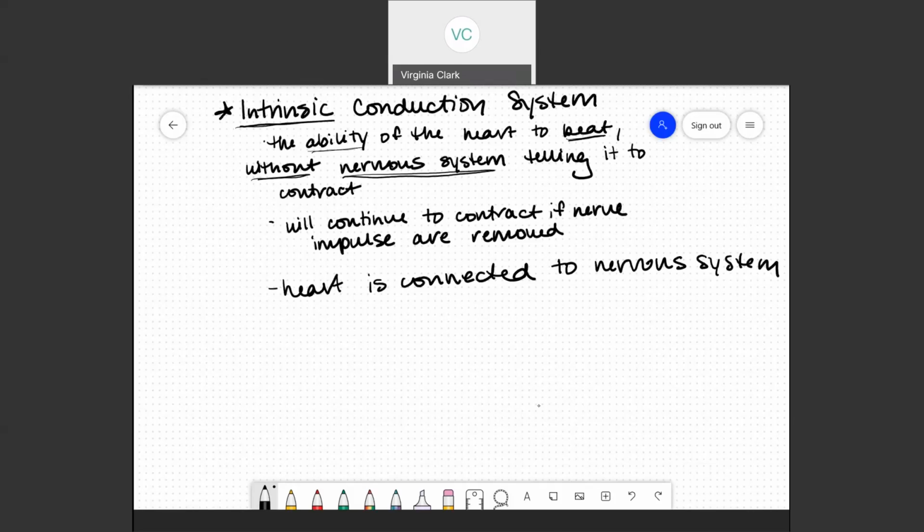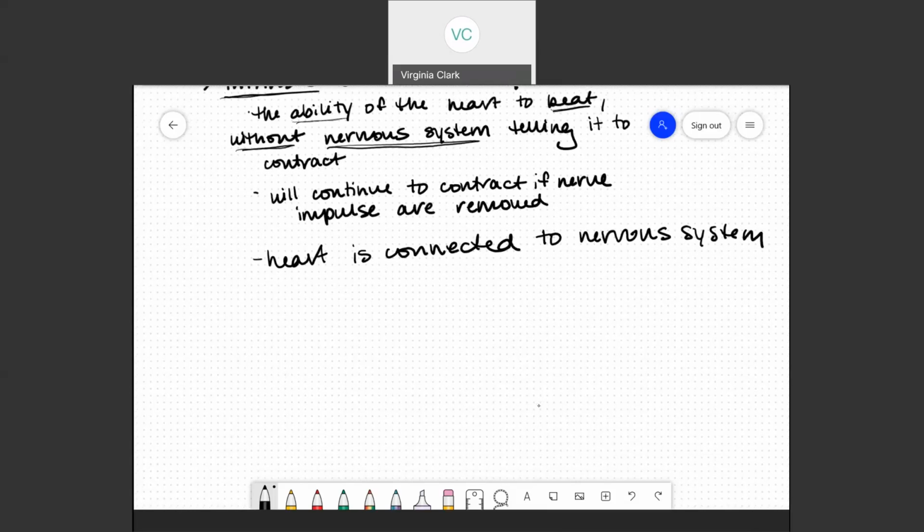So your heart needs to be able to match homeostasis and do what it needs to do to regulate your internal levels. However, it also has the ability to do it without that system telling it what to do. So it has both. It is connected to the nervous system, but it also has the ability to contract without it. We're going to talk about how it contracts without it.